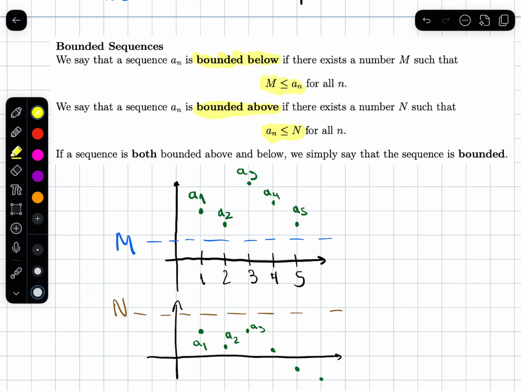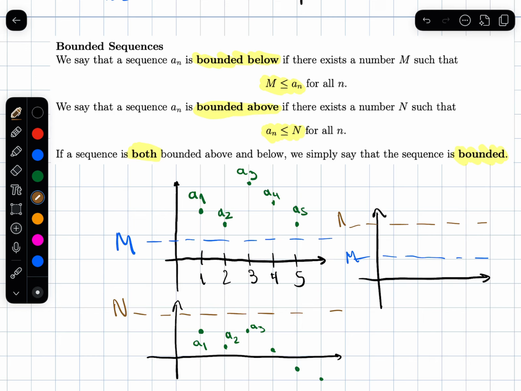These are just names that we use to describe our sequences, and if both of these happen at the same time, then we say that the sequence is bounded. If I say that the sequence is bounded without any qualifiers, then that means both of these things happen. So I have an m height and an n height, and my sequence points are sort of forced to stay in between these.